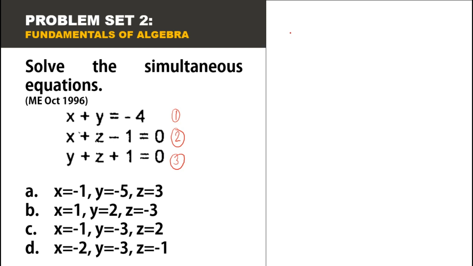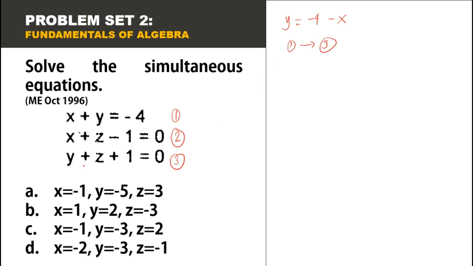So for equation 1, we can say that y is equal to negative 4 minus x. The only equations that contain y are equation 1 and equation 3. We can substitute equation 1 into equation 3.